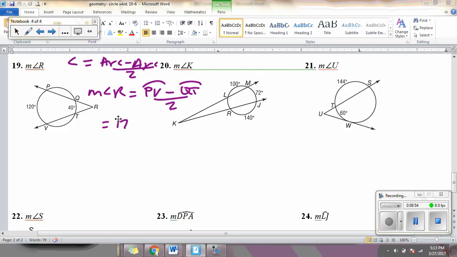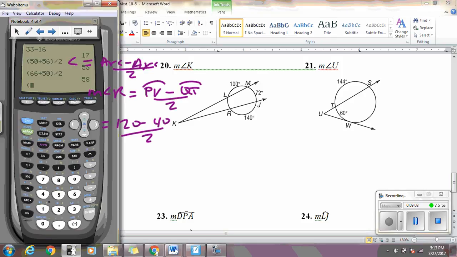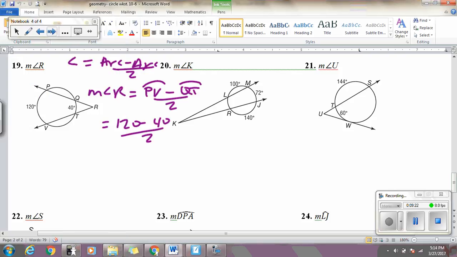So that's 120 minus 40 divided by 2. And we get 40. So angle R is 40 degrees.